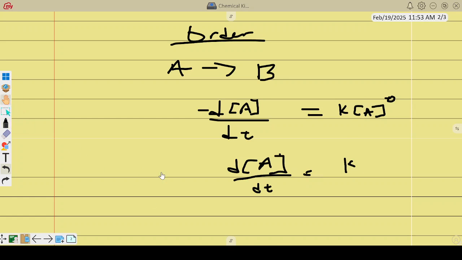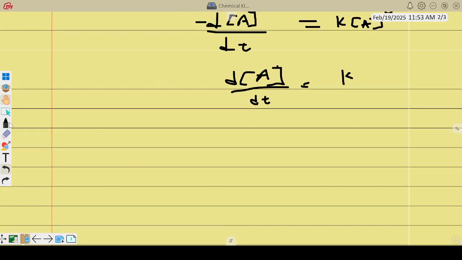And then from here we'll apply the definite integrals from initial to final concentration. Just take note that this dt has to go to the other side, and when you introduce the integrals, the d goes.